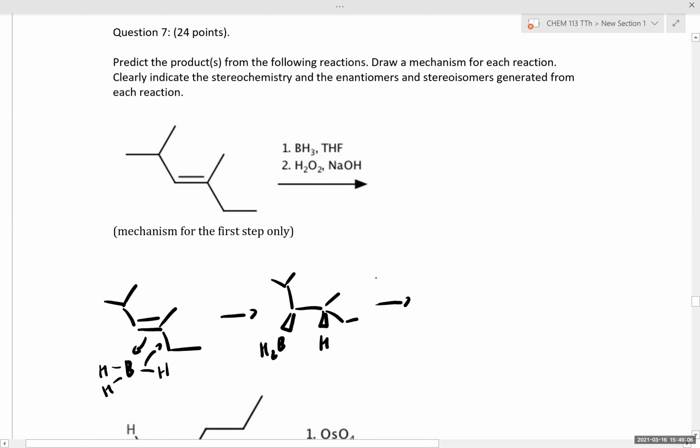In turn, what that means is upon treatment with hydrogen peroxide and sodium hydroxide, an alkyl shift occurs and we install our desired alcohol.